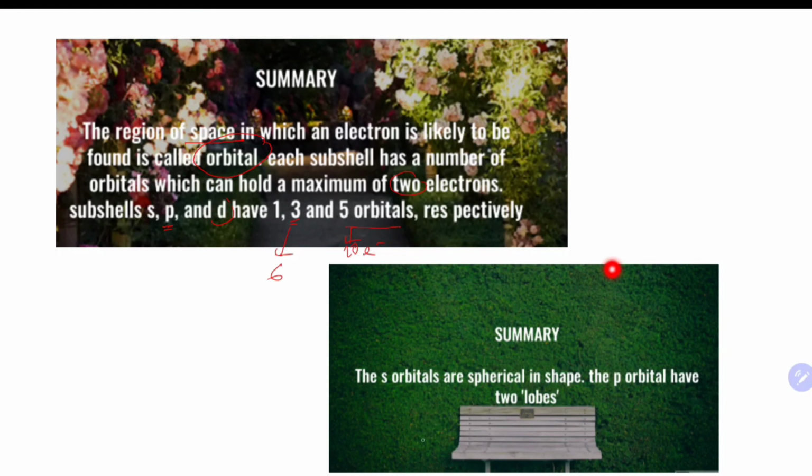The orbitals are spherical in shape for s, and p has 2 lobes. S is spherical, p with 2 lobes, along the x, y, z axes. For px, the 2 lobes are on the x-axis.